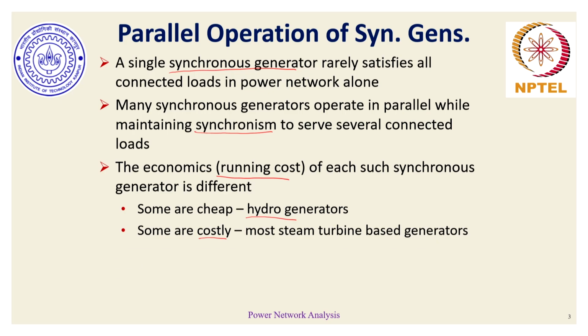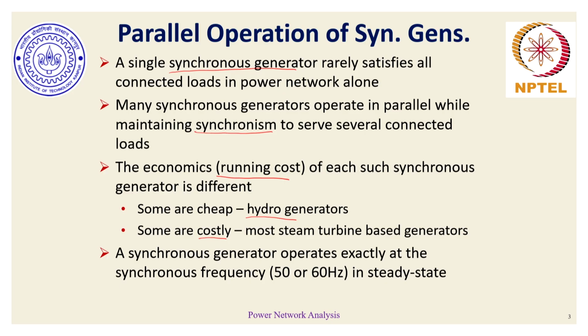common connected load. And we also have seen that in steady state, each of these synchronous generators would operate at 50 hertz for all power networks except US and Canada, and in US and Canada, these synchronous generators in steady state operate at 60 hertz, which is the synchronous frequency.